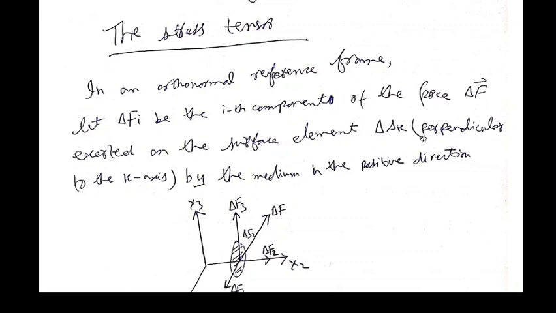This is the surface element which is perpendicular to the k axis. Means that if it is delta S1, then it would be perpendicular to the x1 axis, that is, it will lie in the x2 and x3 plane.